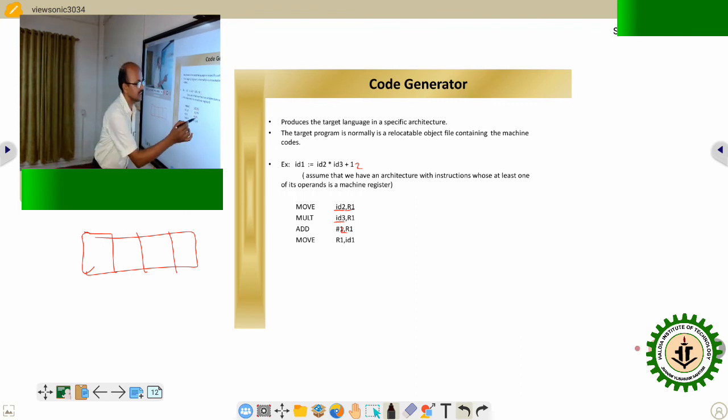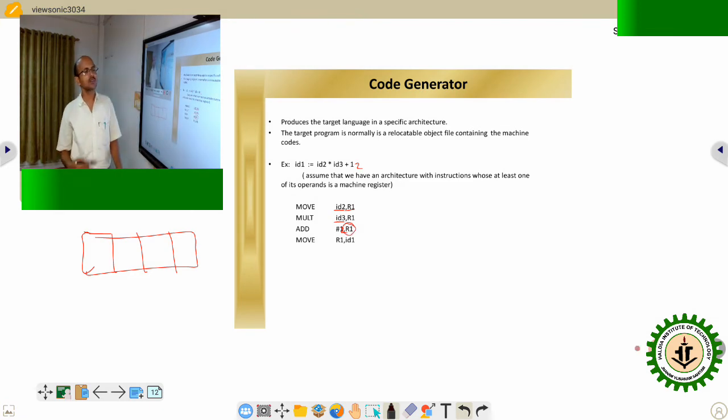So we are issuing one move instruction here, R1 to identifier 1. So identifier 2 is stored into register 1, and then register 1 is multiplied with identifier 3. Now register 1 is again added with the constant value 12, and the result will be stored into identifier 1.